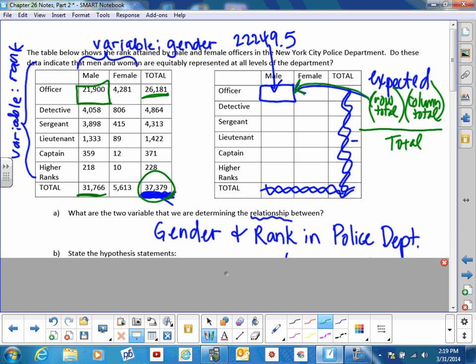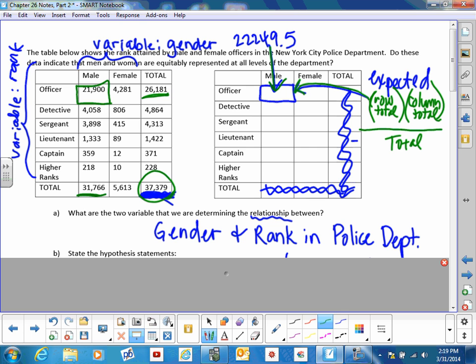Okay? You're going to want to round to 1 or 2 decimal places. Not whole number, it doesn't have to be whole number. Expected is okay to not be a realistic number. It can be a part of an officer. Okay? So that comes out to be 22,249.5.